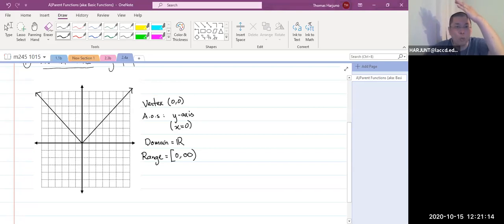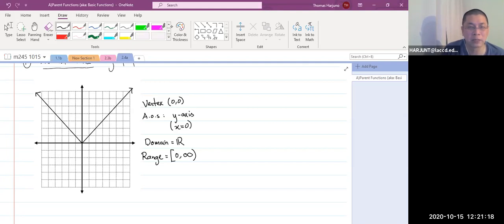Okay, and the way you will graph that later on, you will do it this way. Please remember this. When I ask you to graph absolute value of x, I need you to give me at least 5 important coordinates: (0, 0), (1, 1), (2, 2), (-1, 1), (-2, 2).